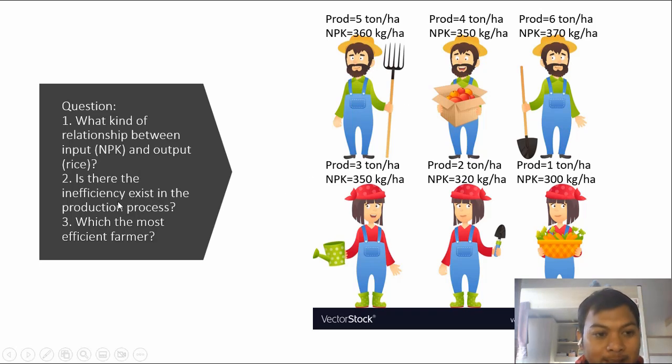And the second, is there inefficiency in the production process? Because here, there are different productivity and different efficiency. And the third question is which is the most efficient farmer? The three questions we can answer using the Stochastic Frontier Analysis, or SFA.